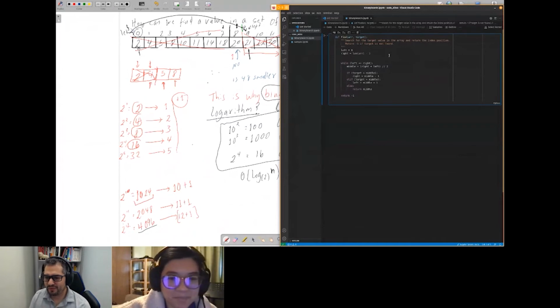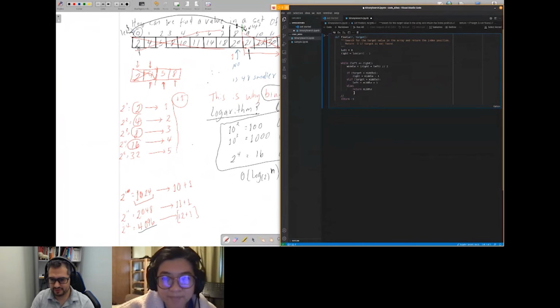So we know that after this while loop, right is less than left. That is because that is the condition. So at this point, left is greater than right.